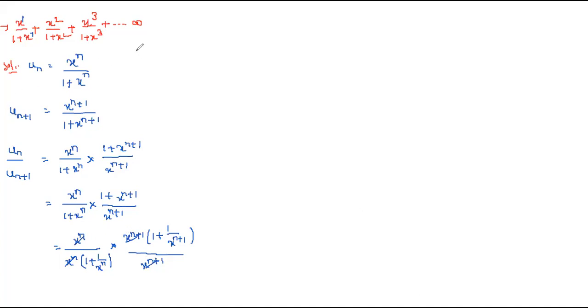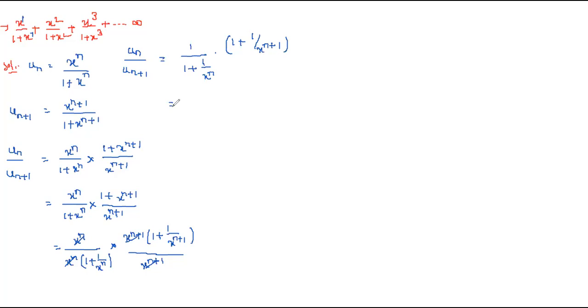So what is remaining here? Un by un plus 1 is equal to 1 by 1 plus x power n, that is 1 plus 1 by x power n, into 1 plus 1 by x power n plus 1, x power n plus 1.